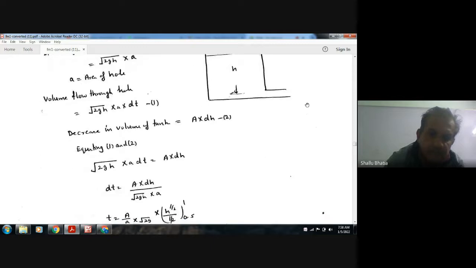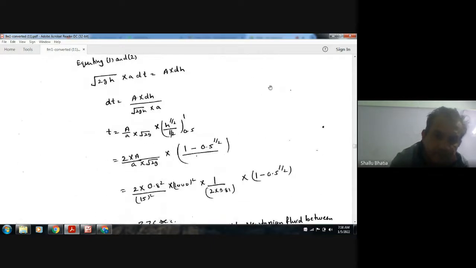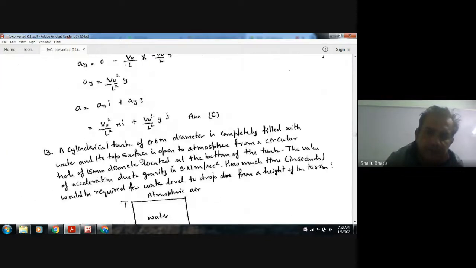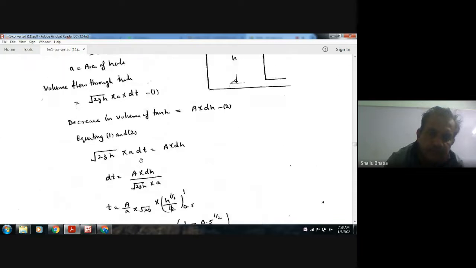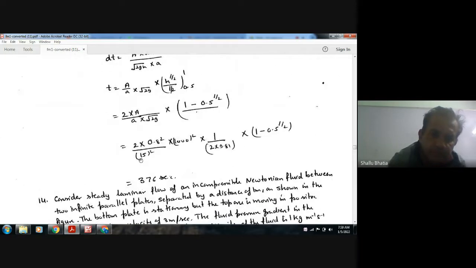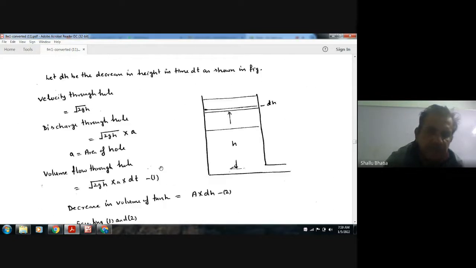So putting the limits 1 and 0.5, we can get the time. A is here according to 0.8 meter diameter, and small d is equal to 50 mm diameter. So putting these values we can get 376. Yes.